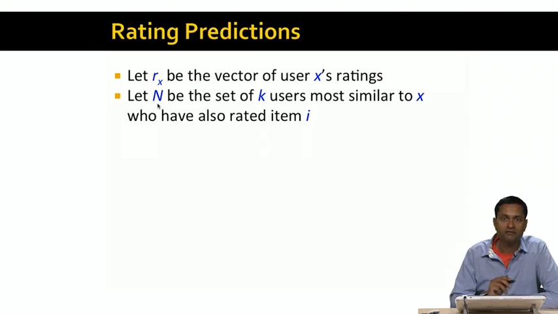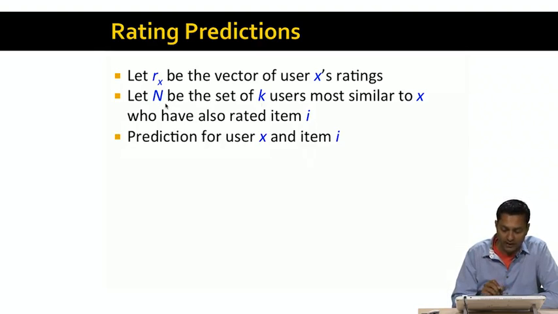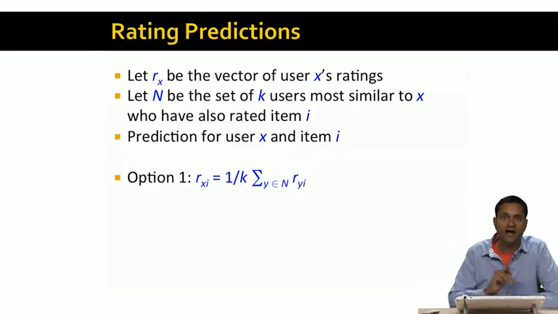But we also have to be careful, since we are trying to estimate the rating of item I by user X. We want to make sure that this set N consists only of users who have actually rated item I. So N is the set of k users most similar to X who also happen to have rated item I. Once we have this, we can make a prediction for user X and item I. The simplest prediction is to just take the average ratings from the neighborhood.